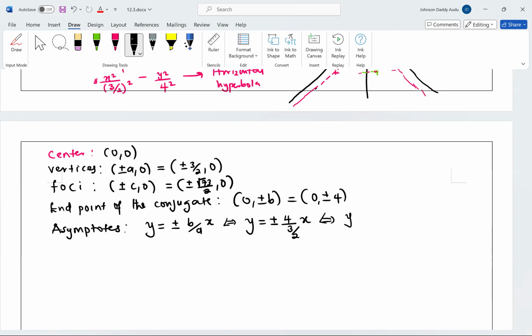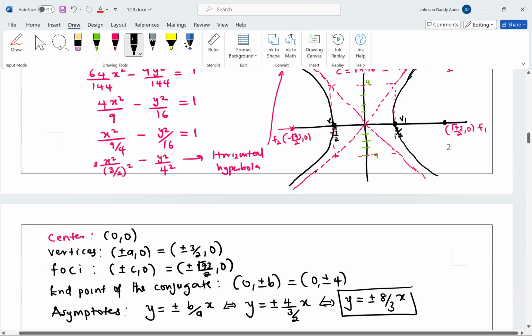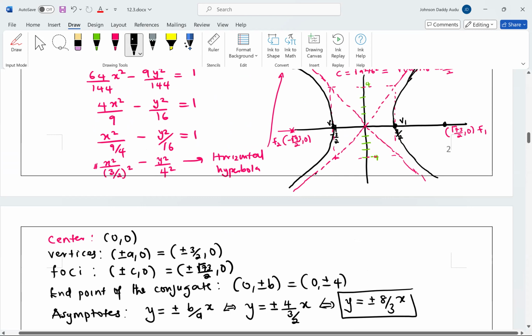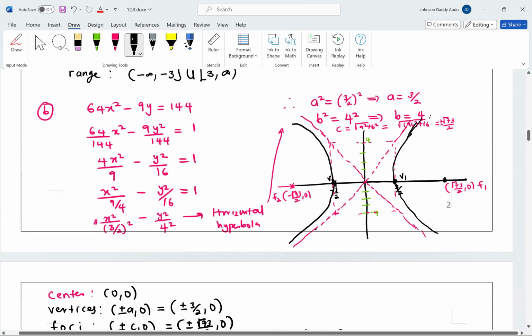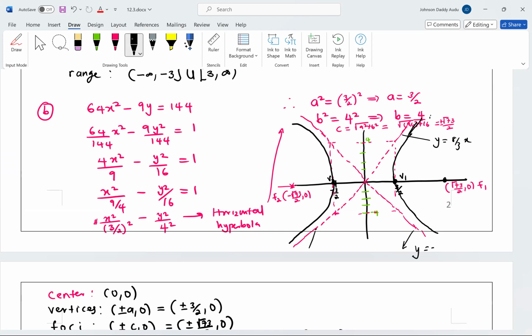So it means that your y is going to be plus minus 8 over 3 x. So this is our asymptote. So these are the two lines passing through the origin. The one with the positive slope, the one that's rising, is y equals 8 over 3 x. And this one here, which is falling, is y equals minus 8 over 3 x.